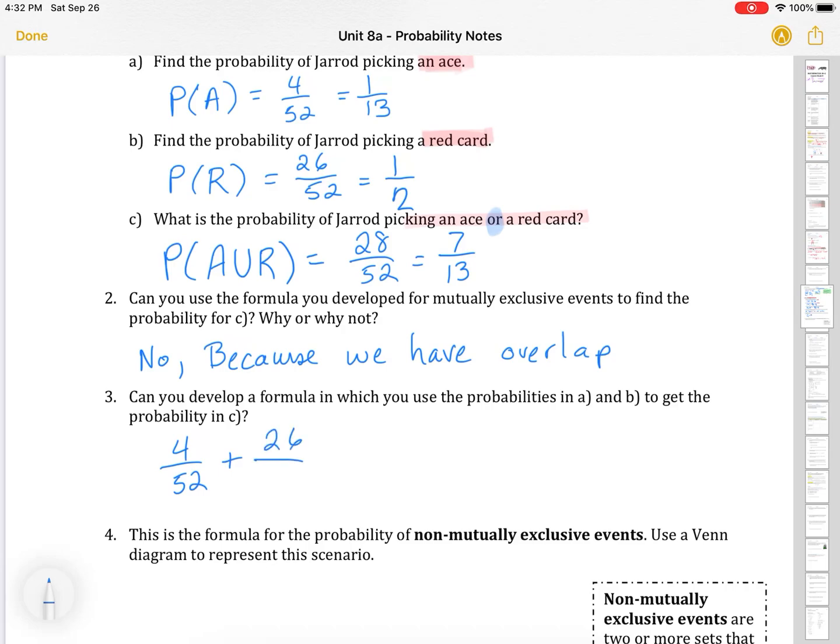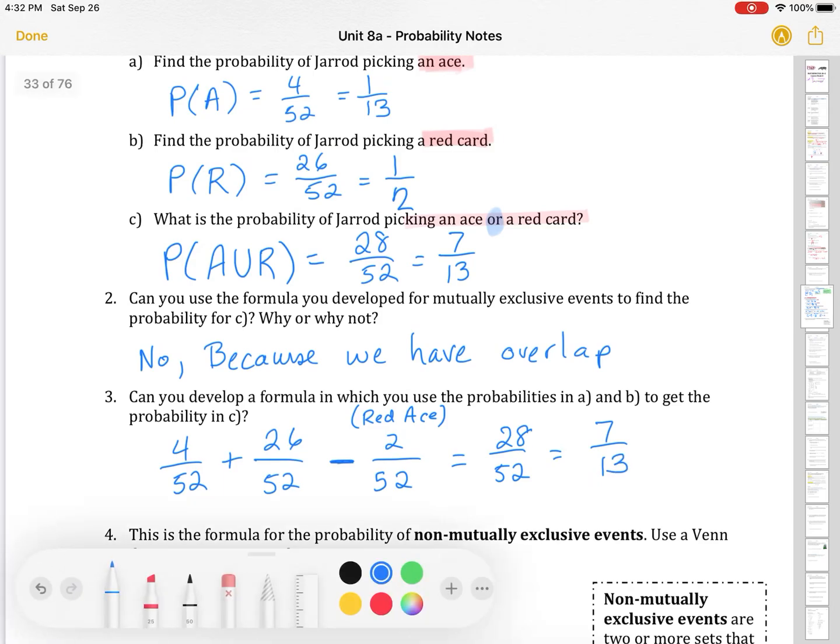So can we develop a formula in which you use the probabilities in A and B to get the probability in C? Well, if we add the 4/52 for A plus the 26/52 for the red cards, and then we subtract the 2 cards that overlap, the 2 red aces.